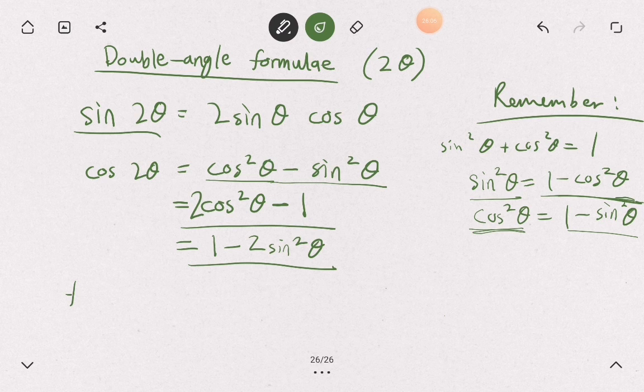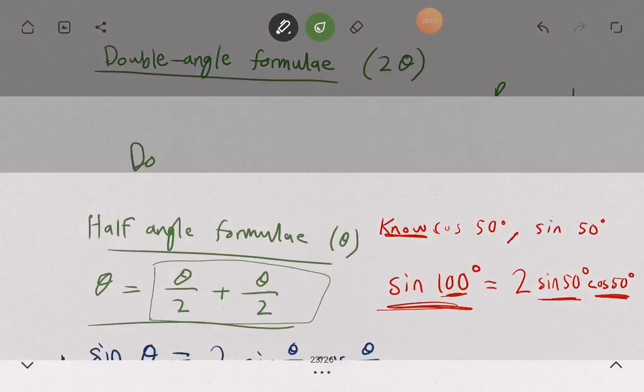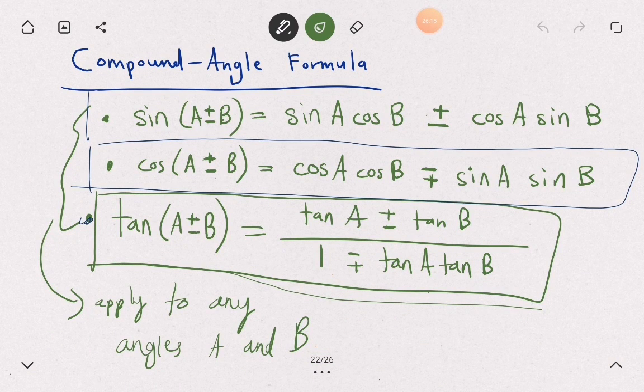Alright, and tangent 2 theta, this is not very complicated. This one you just follow again the formula here, the third one.